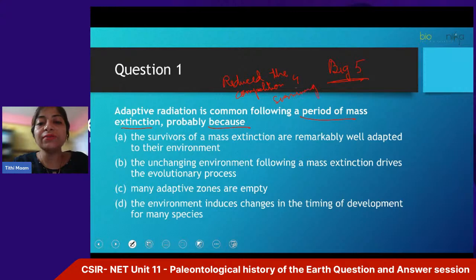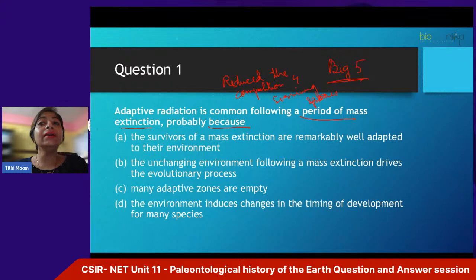So whoever survived the mass extinction, for them growth, mate and food, everything became easy. Collecting food, shelter, mate, everything became easy. Why? Because there has been a drastic reduction in the competition, because the competitors died out.